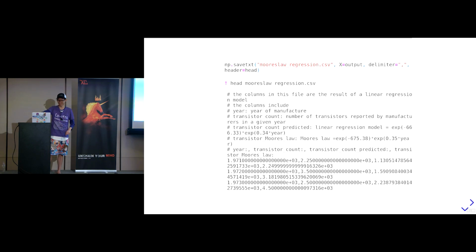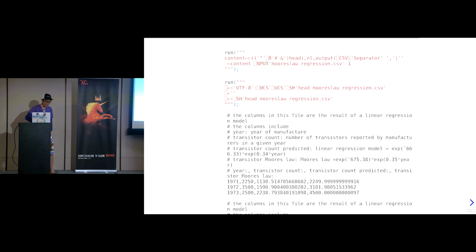Okay, and we're saving the text file with a header, and let's take a look at it. Yeah, looks fine. For APL, headers are a tricky business, since the quad CSV function does not have a header option, unless you're adding a header to every column of your CSV. But that's not what we're doing here. We're adding free text.